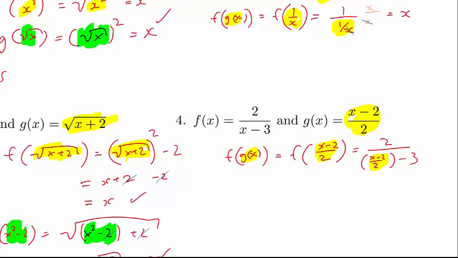Let's go ahead and make that disappear by multiplying top and bottom by 2. And we're going to distribute both of those, and so we're going to have 4 divided by x minus 2 minus 6. Keep in mind you've got to distribute that 2 to both terms, to this guy, and then to that guy.